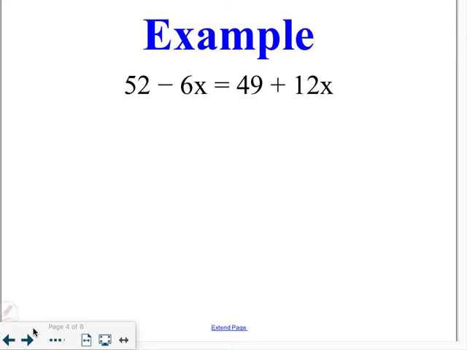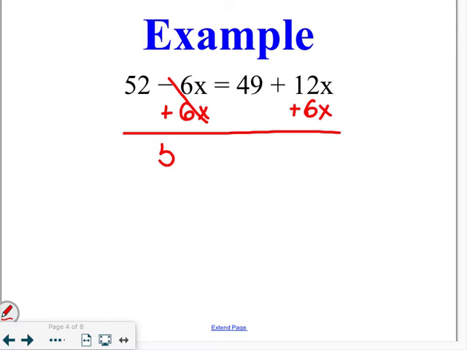We want to try and keep the variables positive, so we're going to add 6x's to both sides. That eliminates them from the left side of the equation, leaving me with just 52 is equal to 49 plus 18x's. So we've combined our variables, so there is just a single variable listed in the equation.